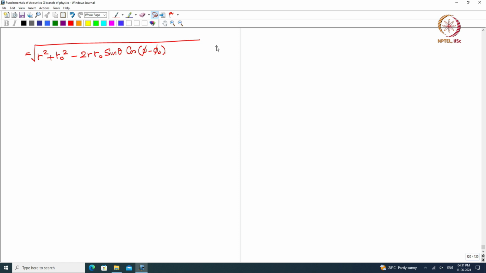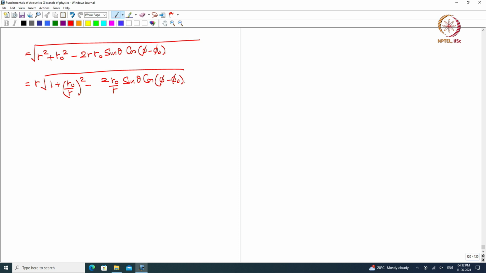We take r square outside, becomes r, and inside I have 1 plus (r0 by r) whole squared minus twice r0 by r sin theta cos of (phi minus phi 0).